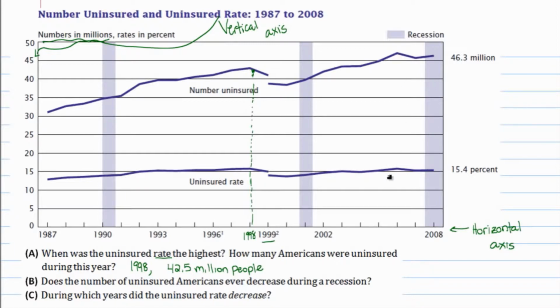So the rate might be the same, but let's pretend the rate's 10% and you only have 100 people living in the country, then 10 people are uninsured. But if the rate's 10% and you have 1,000 people living in the country, then 100 people are uninsured. So same rates, but because the population is growing, so is the number of uninsured.